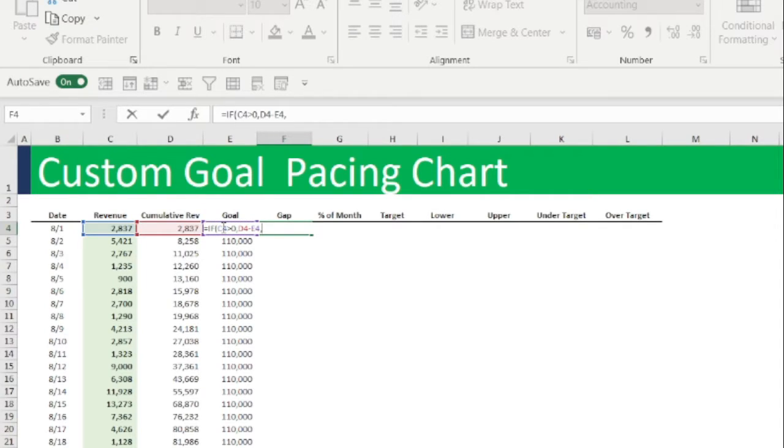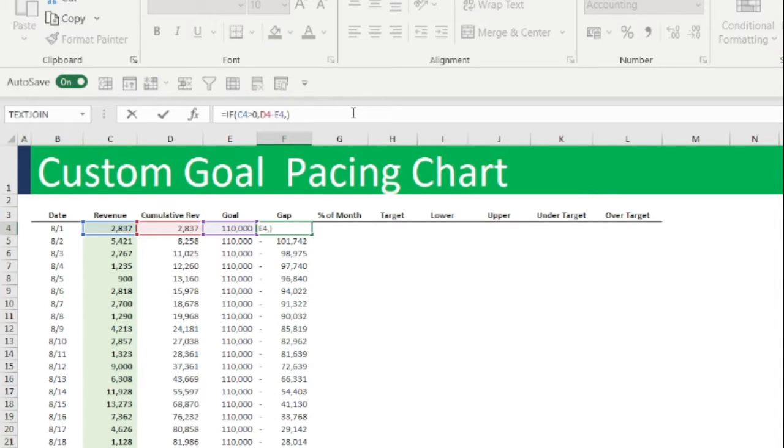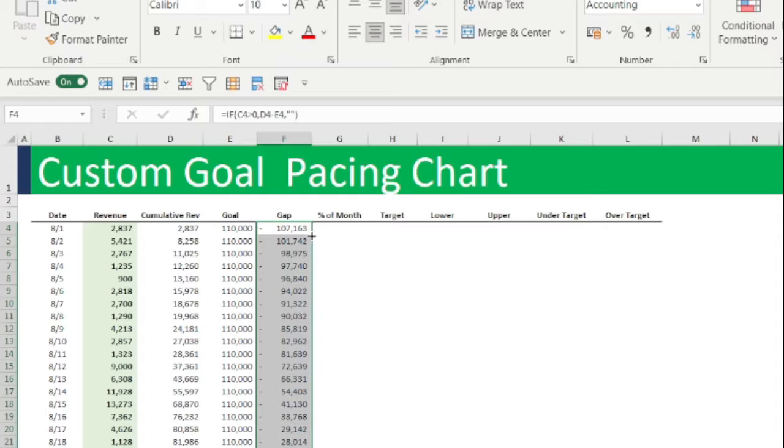It can proceed downwards since it will be the shortfall. Since we're having a false, you can go ahead and complete the if by putting, if it is false, then bring a blank space. So that is it. We are done with the gap.